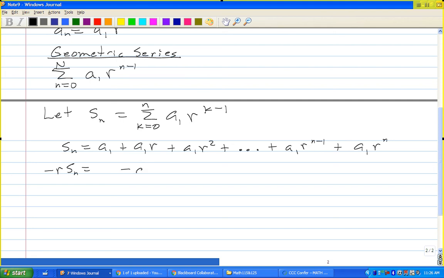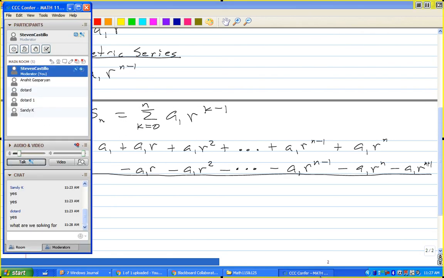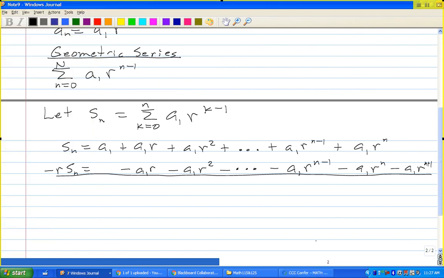So I'll get negative a1 r, multiplying this by negative r, minus a1 r squared, multiplying this, minus a1 r to the n minus 1, minus a1 r to the n, multiplying this by r, minus a1 r to the n plus 1, so that we can determine a formula. What are we solving for? We're going to determine a formula for the sum, S sub n.